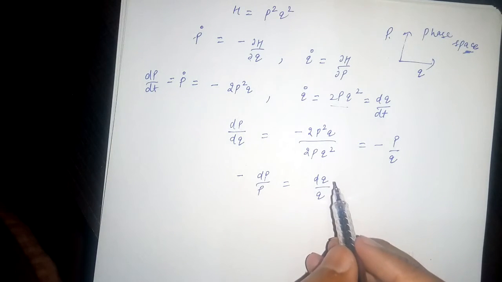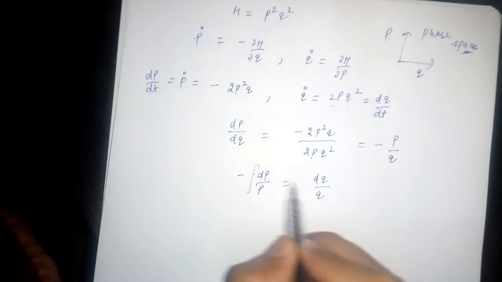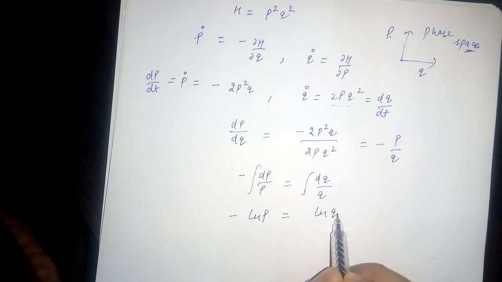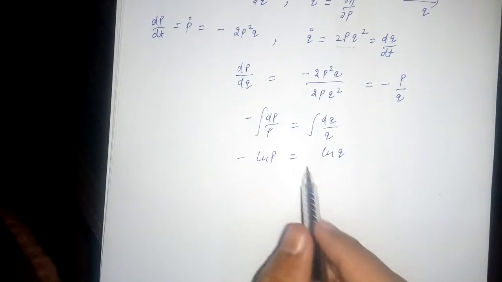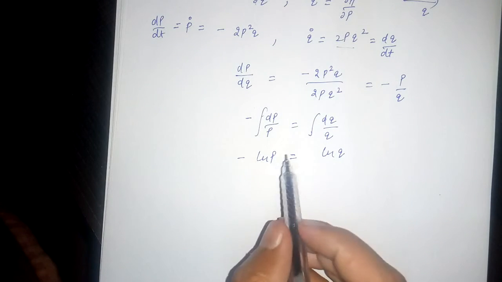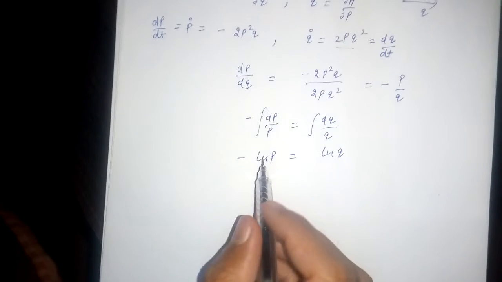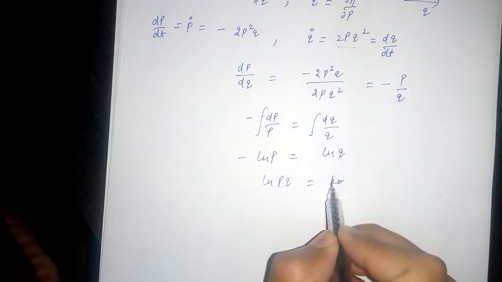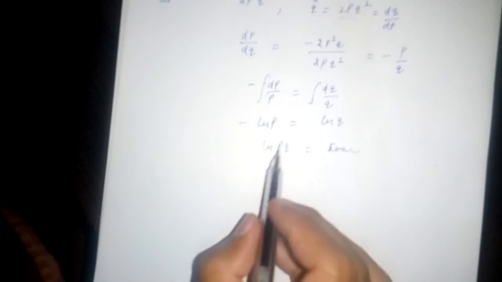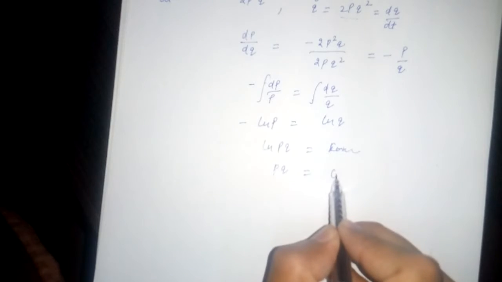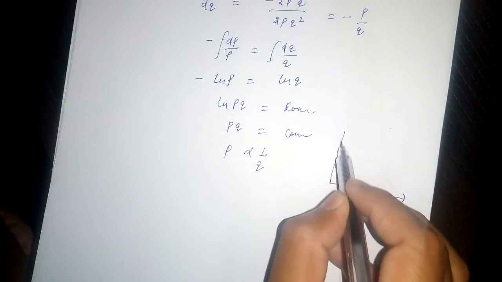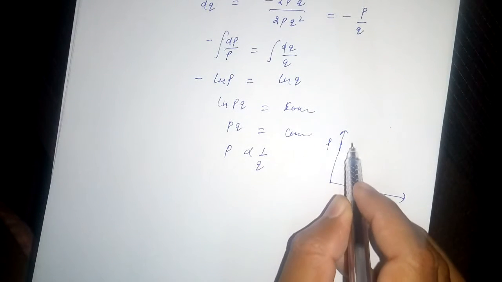Integrate both sides. What will we get? This will be log of P and log of Q plus some constant. We will ignore that constant also. Then if we take this to one side, log of PQ equals a constant, and we can say that PQ is constant and P is inversely proportional to Q. It means the phase space diagram will be inversely proportional.